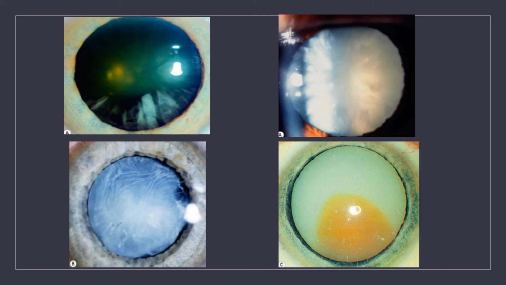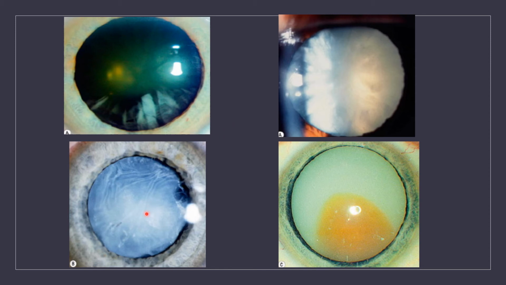Various types of cataract according to maturity. This is immature cataract. The lens cortex here is opaque and in other places it is transparent. This is mature cataract. There is no transparent part left in the lens.